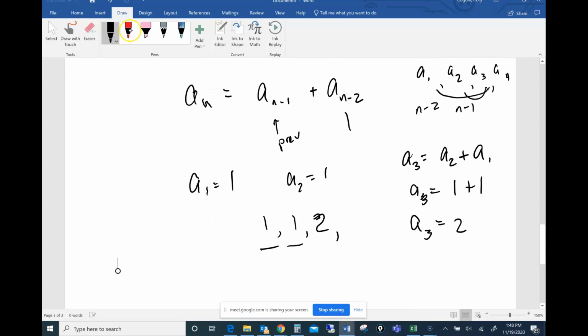I'm going to change the color here. I'll highlight these two. We're going to take the two previous answers, add them up, and that's going to be our next number. So the next number is going to be 3. So A sub 4 equals the term right before it plus the term before it. So that equals 3. So the answer for number 4 is 3.